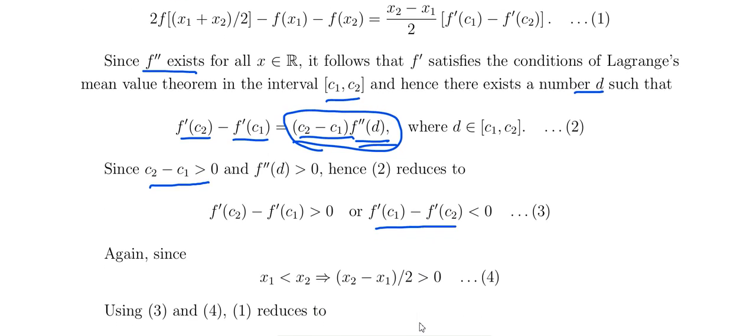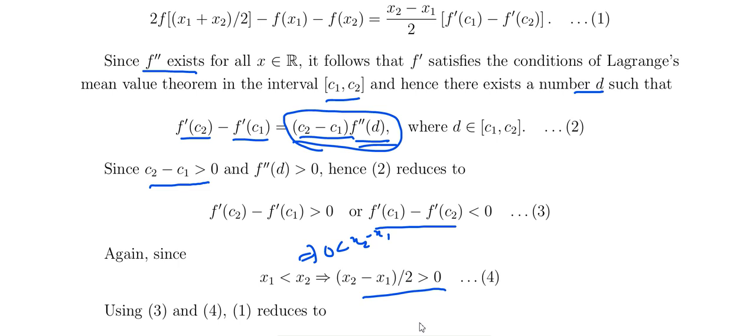So from this, what do we get? x1 is less than x2, so x2 minus x1 is greater than 0, and from this, first of all 0 less than x2 minus x1. So x2 minus x1 divided by 2 is greater than 0.